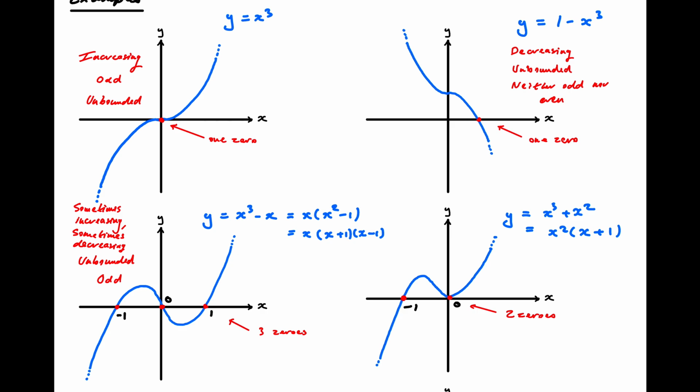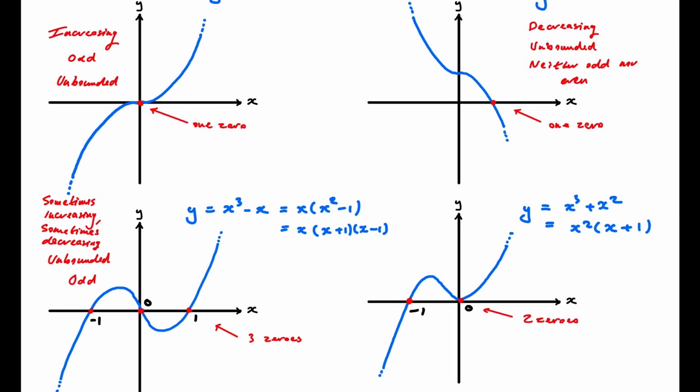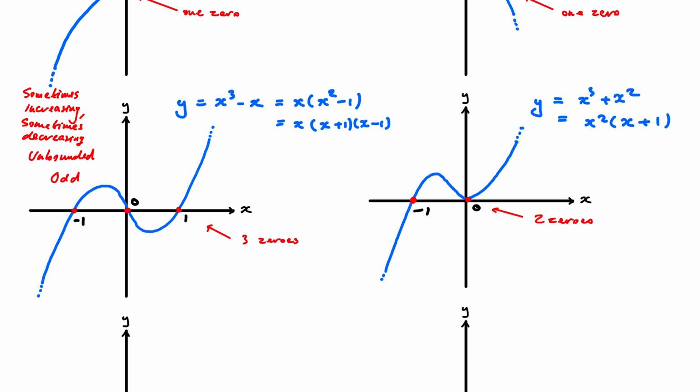Or it could cross at 1, I suppose, or just touch at 1, so it just intersects at the bottom at the vertex or the top. So we've got lots of different behavior here. So same deal with the cubic.